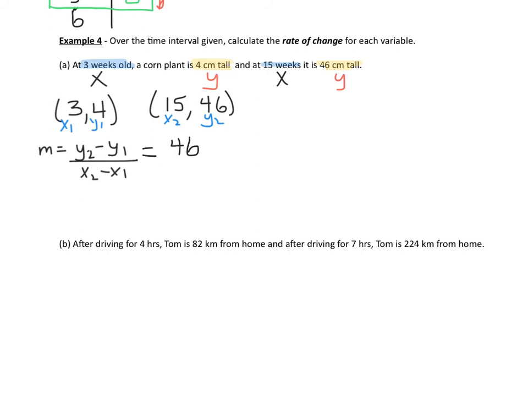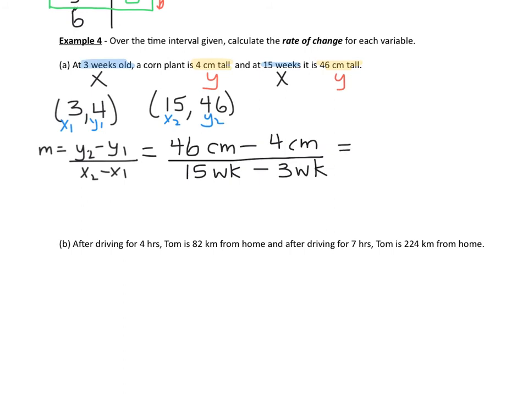According to the question, the height was measured in centimeters, and we're going to minus our y1 value, which was 4 centimeters. Put in the bar. My x2 value was 15 weeks. I'm going to use WK just to represent weeks, minus my x1 value, which was 3 weeks.